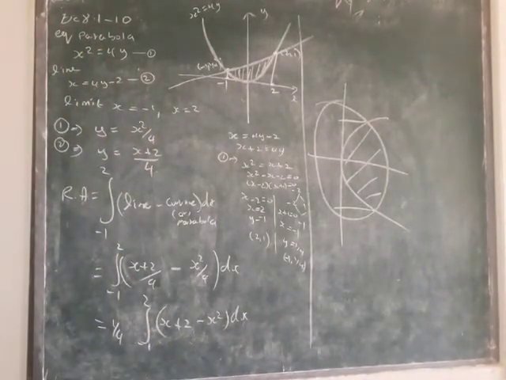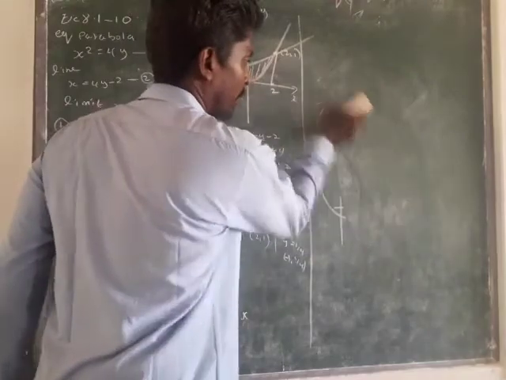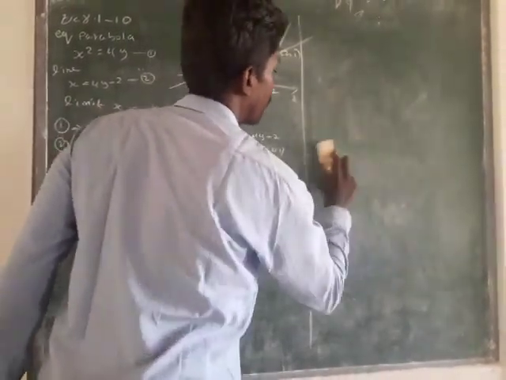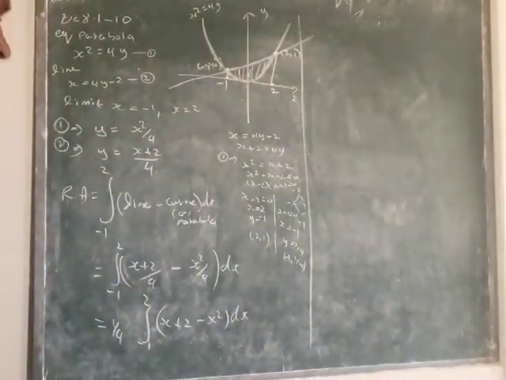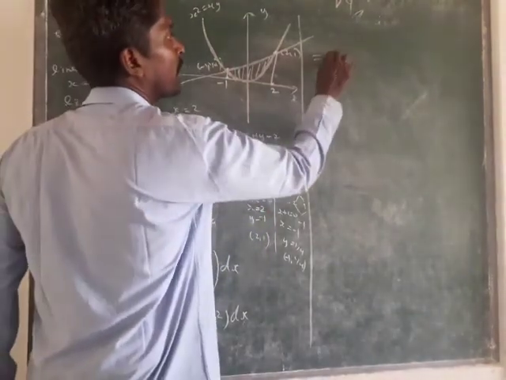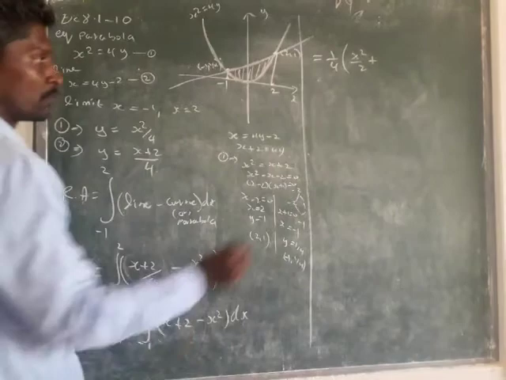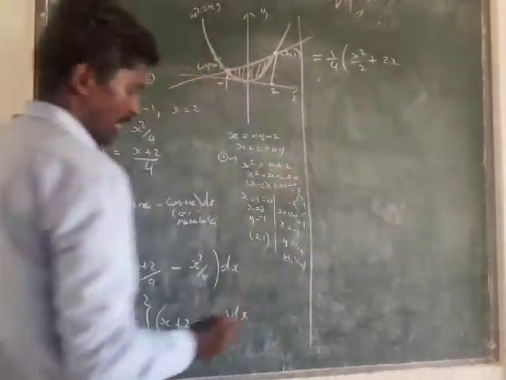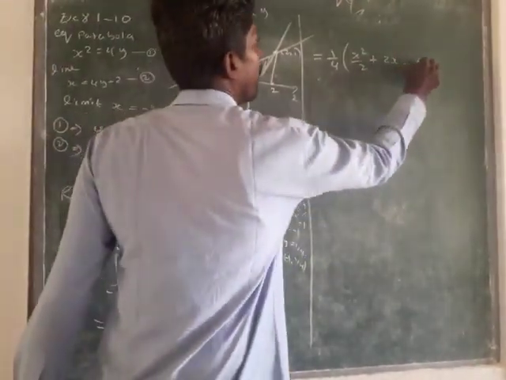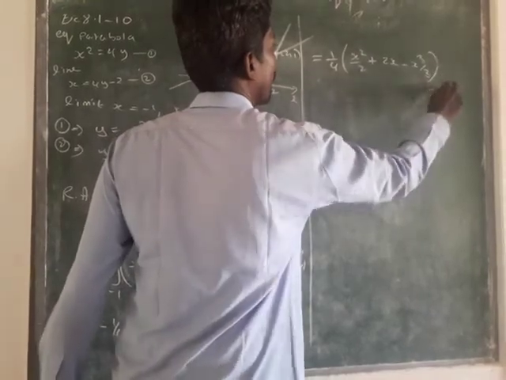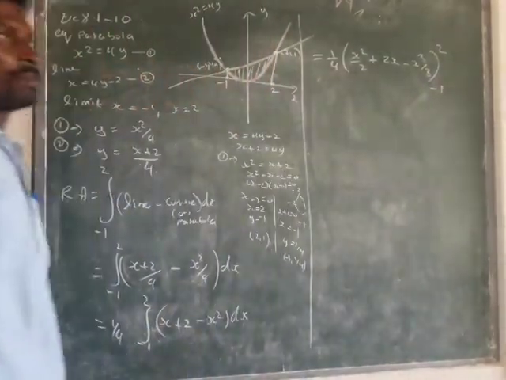Now we go and integrate. Integral of x is x squared by 2. Integral of constant 2 becomes 2x. Integral of minus x squared becomes minus x cubed by 3. So lower limit minus 1, upper limit 2.